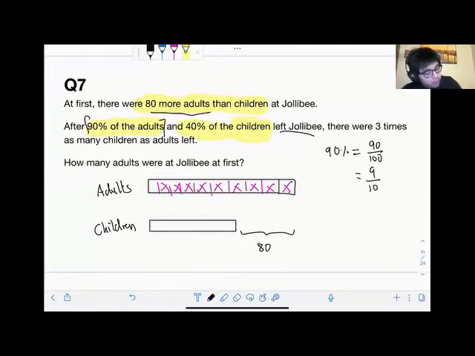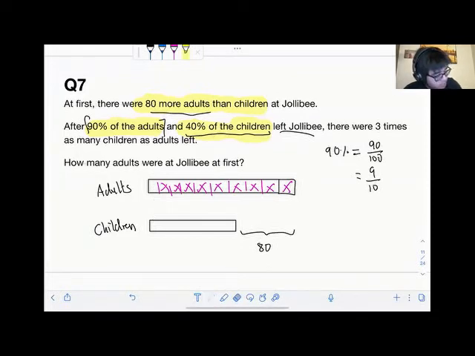Then we know 40% of the children left Jollibee. And so we could do the same thing na hahatiin po natin sa 100 yung mga children at mag-shade ng 40. Pero hindi po yan yung goal natin, no? Yung goal po natin is yung isang box dito sa adults, magkasing laki lang siya sa one box dito kay children. No, that's the goal.